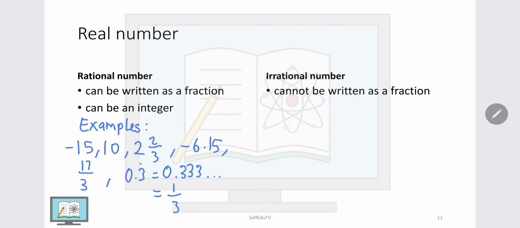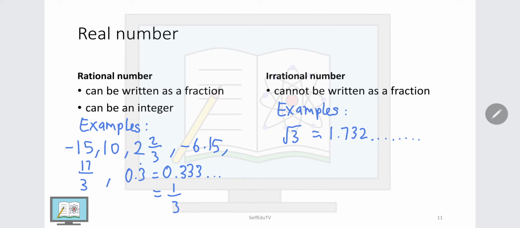An irrational number cannot be written as a fraction. Examples of irrational numbers include the square root of 3. If you press it on your calculator, you'll get 1.732 and you have many digits behind.